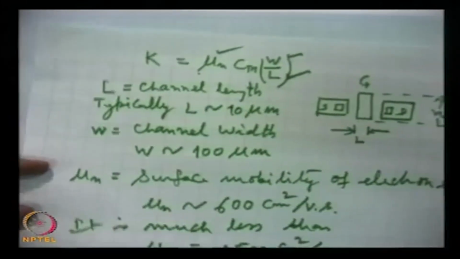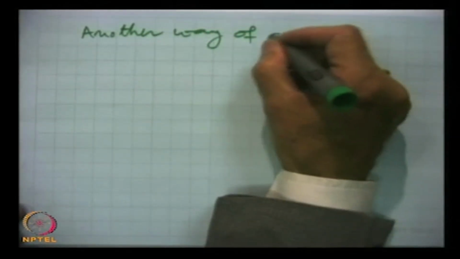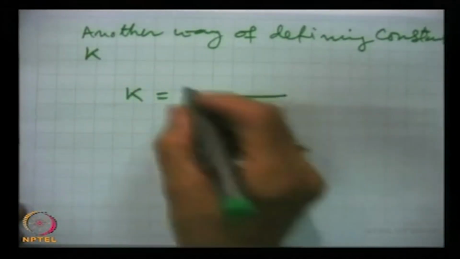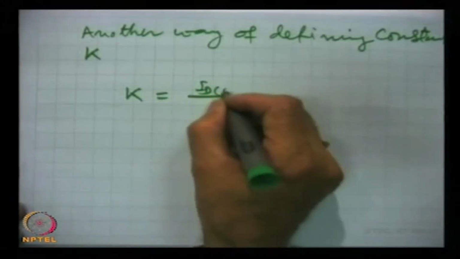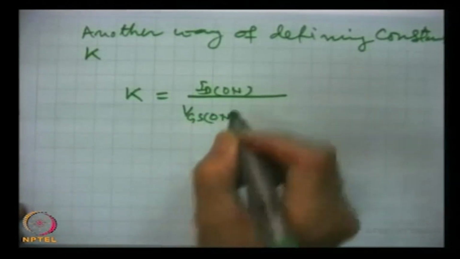This is one possibility, often used when all geometrical parameters are known, but there is another way of defining the constant K, and this is K equal to ID on divided by VGS on minus VT squared.